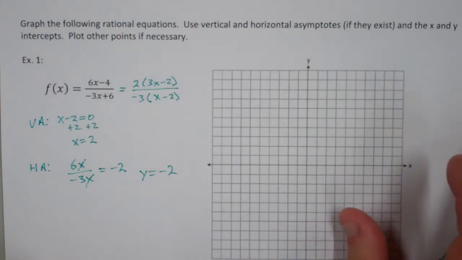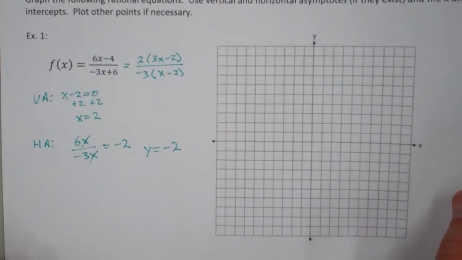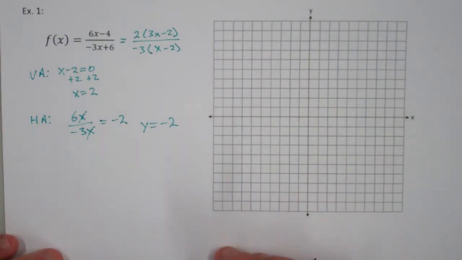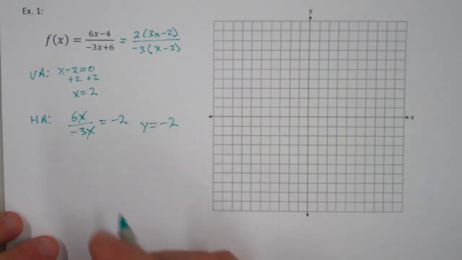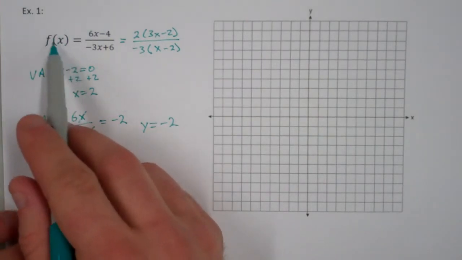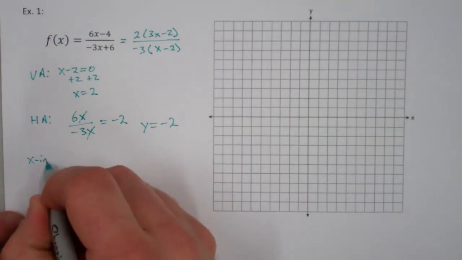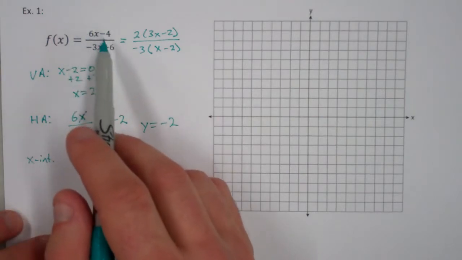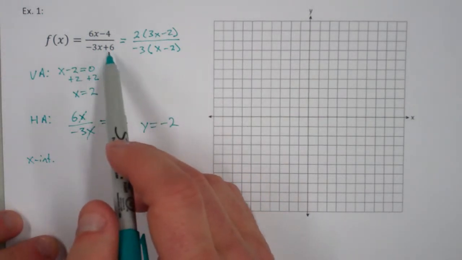We're also asked to find the x and y intercepts. I'm going to move this up a little bit as we're going to need to graph it shortly. We might need a little extra room at the bottom as well. To find the x-intercepts, that's just where the value of y, or f of x, is 0. If we want 0, then just the numerator of the fraction needs to be 0. The bottom can be anything.